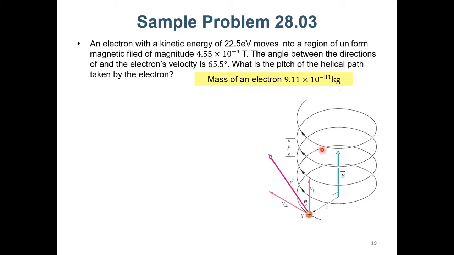The angle between the direction of the electron velocity and the direction of the B field is phi, 65.5 degrees.